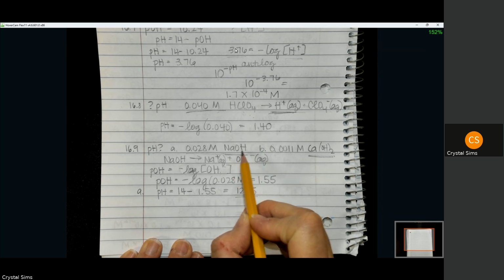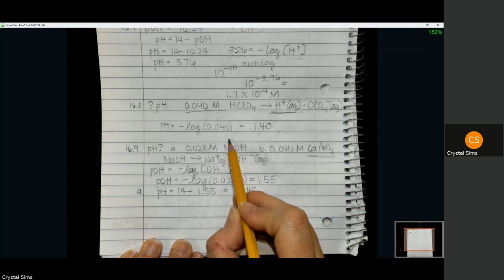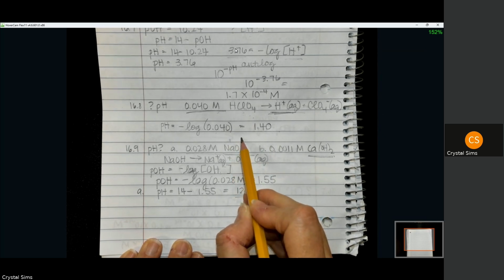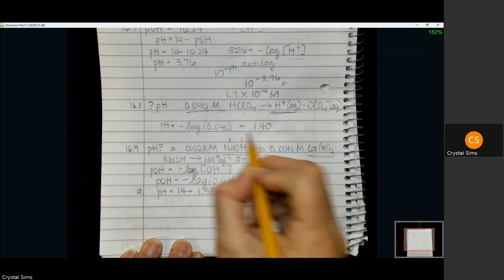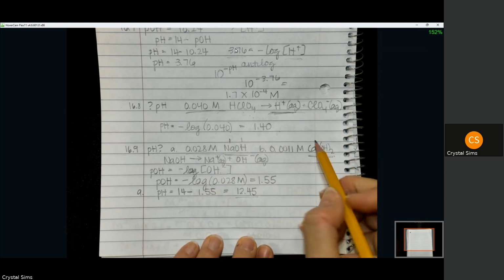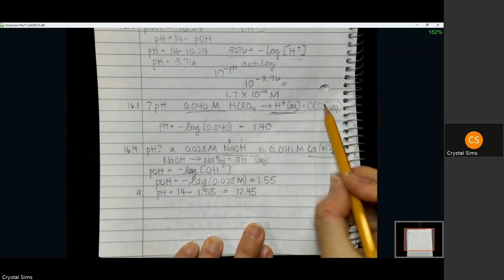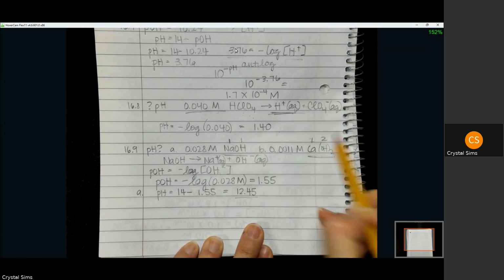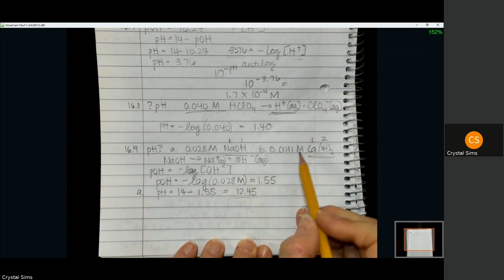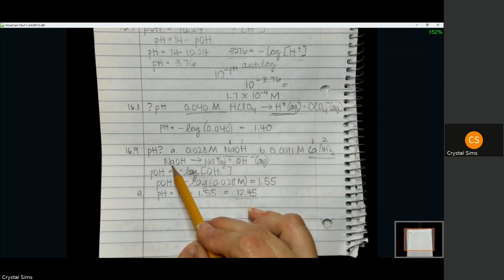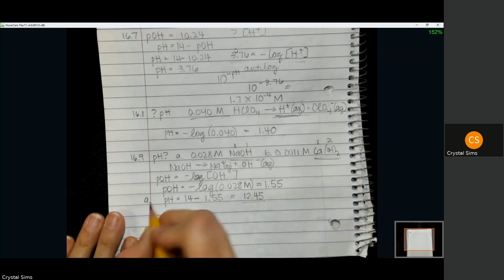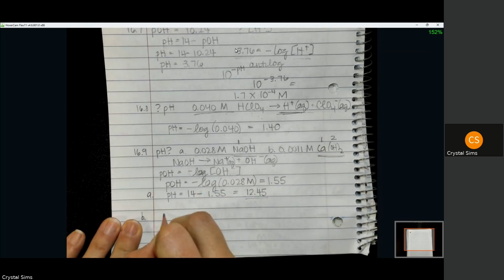Notice with sodium hydroxide, I have one sodium and one hydroxide. But over here with calcium, I have one calcium and two hydroxides. Okay, so when this one dissociates, okay, it's going to be a little different. So let's look at what happens here.